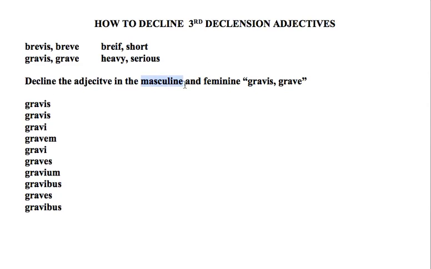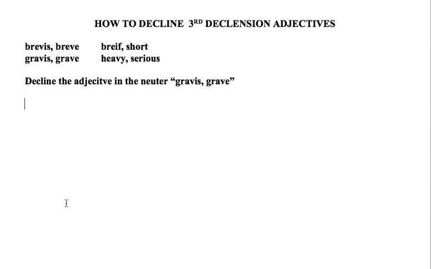Okay, so we're going to change your next practice to neuter. Some of you may have already started, so I want you to decline the same adjective, gravis, grave, in the neuter forms. Remember that when you have this type of adjective with two terminations, the second word is the neuter nominative form.